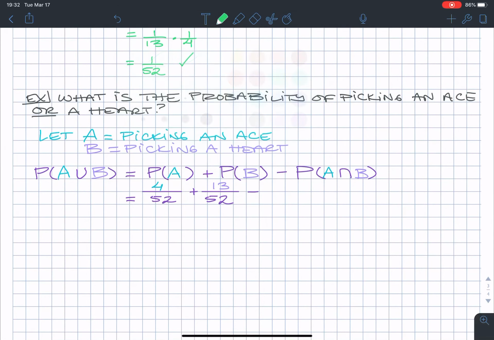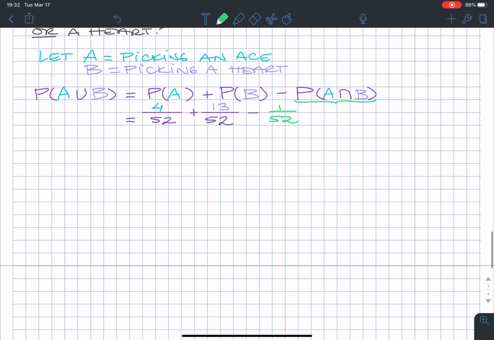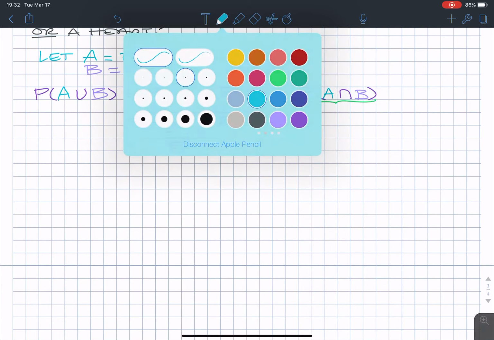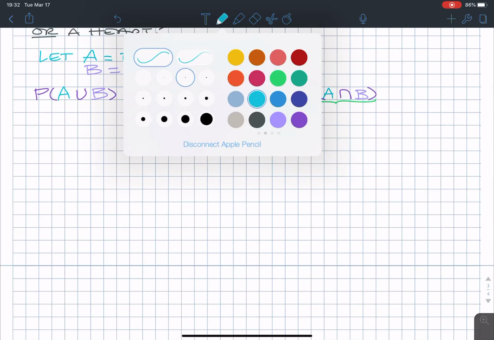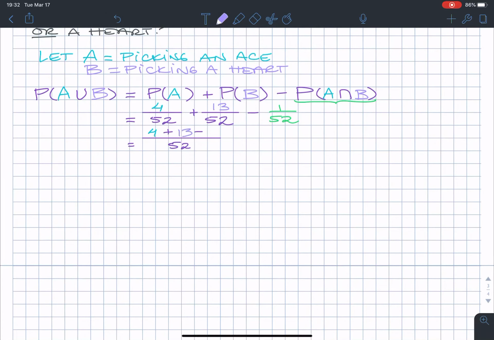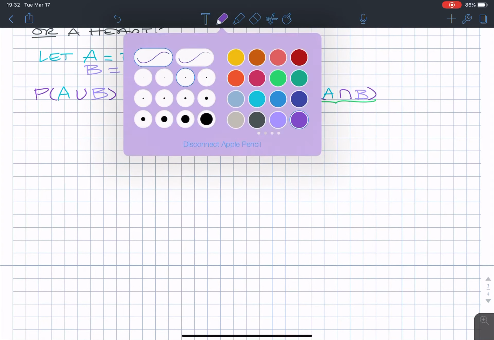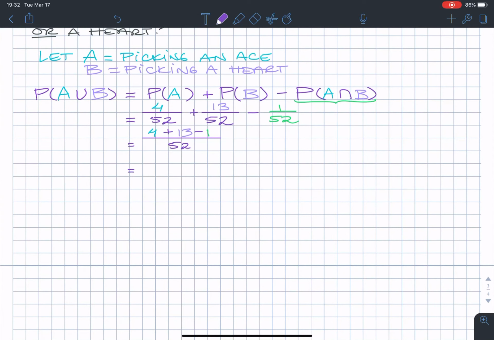Well, from above, we know that that was 1 in 52. Okay, so what I get then is 4 plus 13 minus 1 all over 52. So that's going to be 16 out of 52.